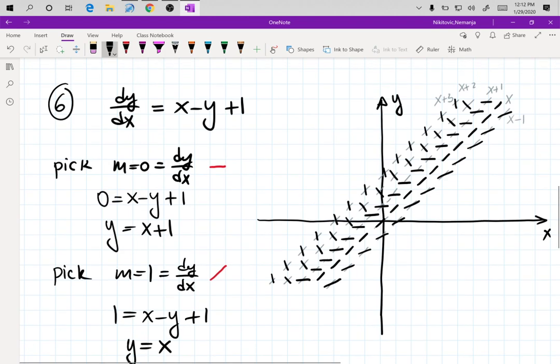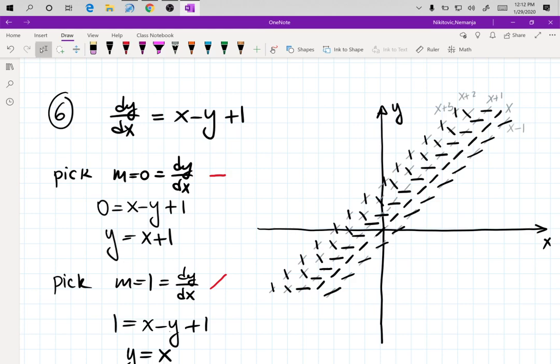Okay, so I have 5 of these, and what I believe is happening without doing any more of these is I believe that the functions are coming in from this side and bending inwards to follow y equals x asymptotically.